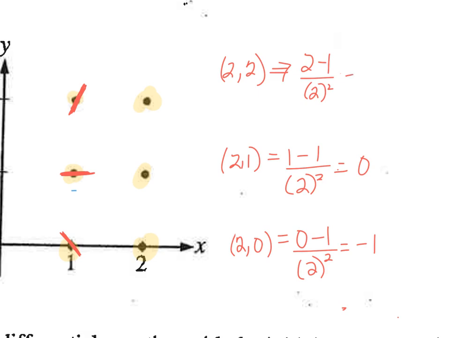So I'm going to get 1/4 this time. I'll get 0 again for the second one, and I'll get -1/4. All right, so 1/4 is pretty slanted, 0, and -1/4.